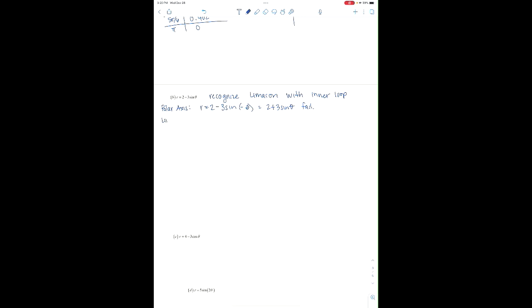If we check the line pi over 2, then we will have r equals 2 minus 3 sine, and we're replacing it with pi minus theta. So we follow the same as before, rewriting sine of pi minus theta using our trig identities, which would be sine pi times cosine theta minus cosine pi times sine theta.